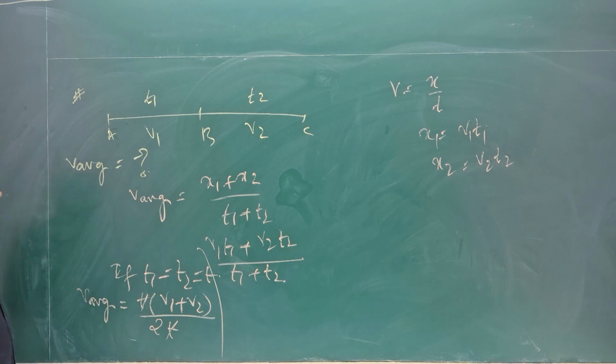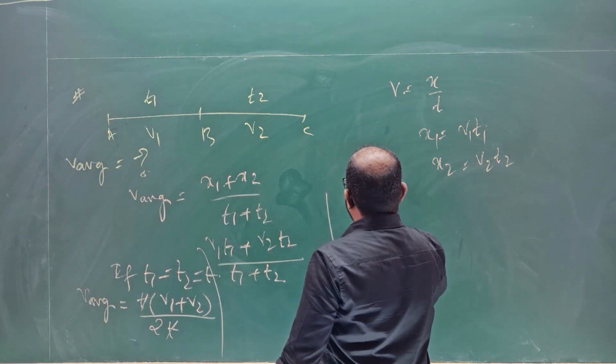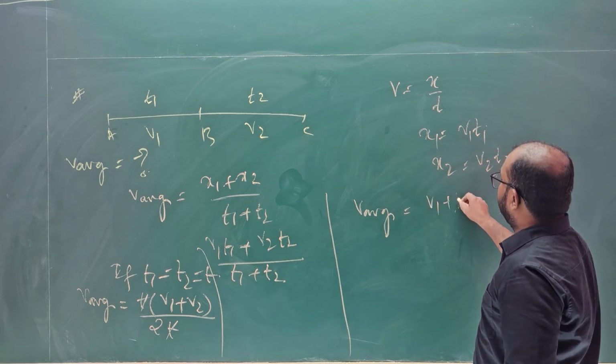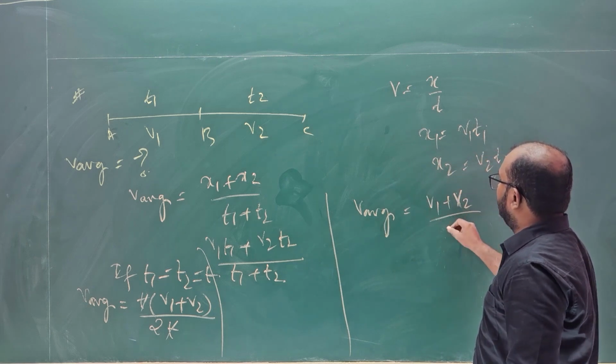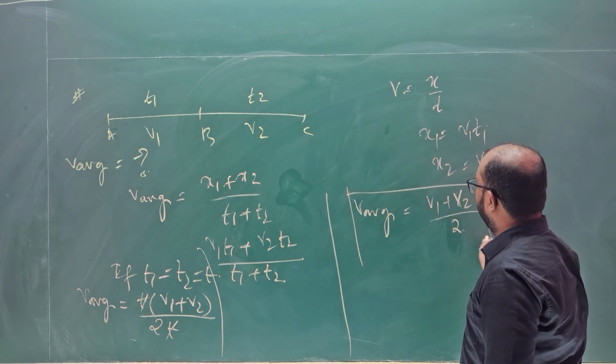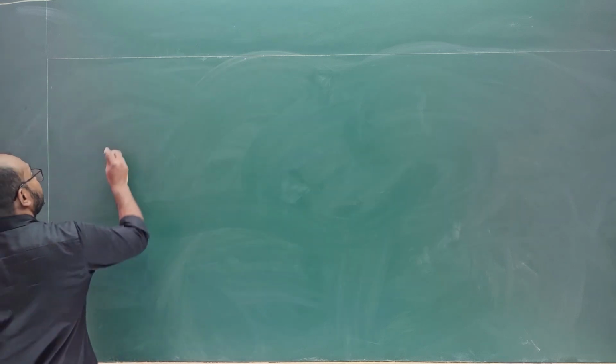Can I cancel these two? The final result will be V average equals v1 plus v2 upon 2. Write down first.